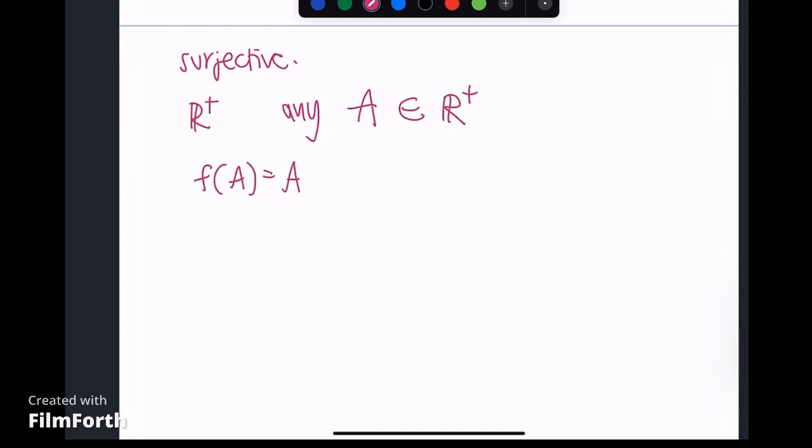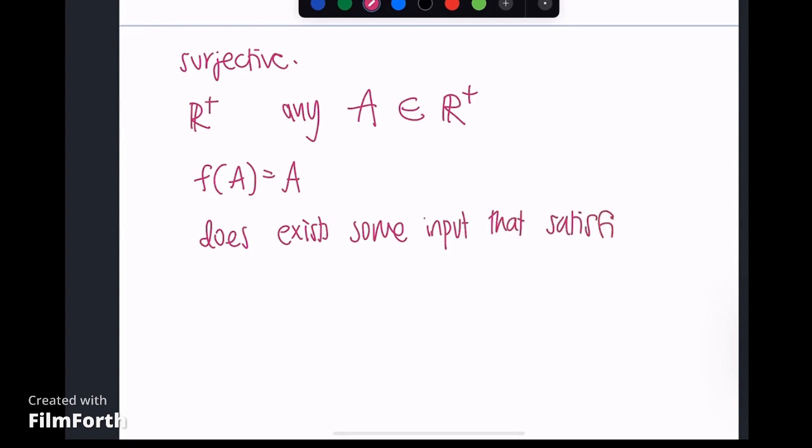And that's actually just enough to show that it's surjective. Because for any positive real number, as long as we put a inside our function, if our input is a, we're going to get a as an output, right? And then we've already shown that there does exist some input that satisfies this, right?